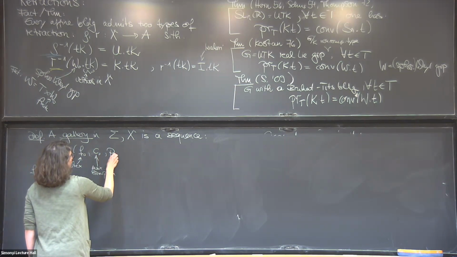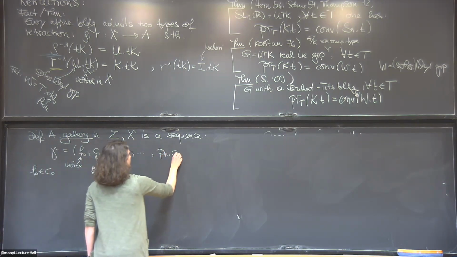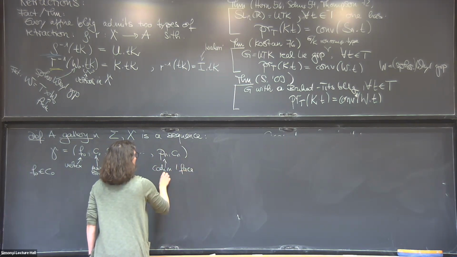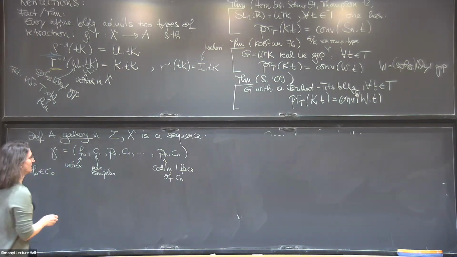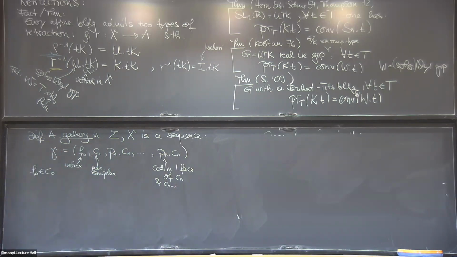And then I alternate between chambers and codimension 1 faces. So P_i is always a codimension 1 face of C_i and the previous one, C_{i-1}. So really what I want is a sequence of chambers such that subsequent ones contain at least a common codimension 1 face. And you're allowed to repeat chambers, okay? So you could start out with multiple times the same chamber.